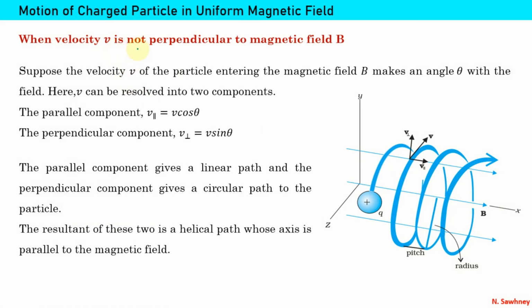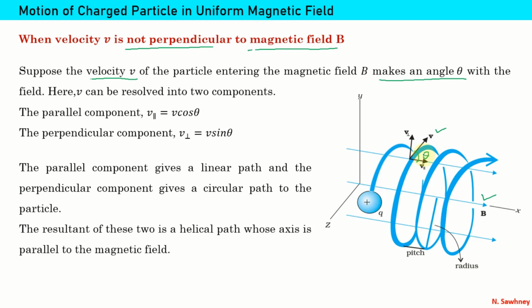Now, if the velocity is not perpendicular to the magnetic field, that means if the particle is entering with velocity v and making an angle theta with the field, see here, the direction of the magnetic field is along the x-axis and the particle is entering with velocity v, which is making an angle theta with the x-axis.